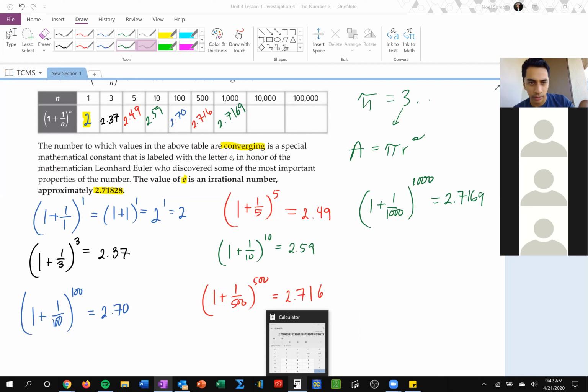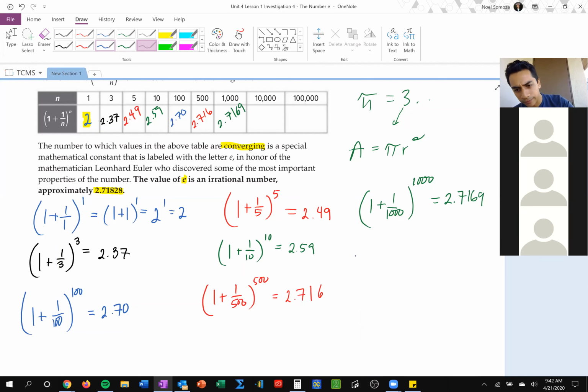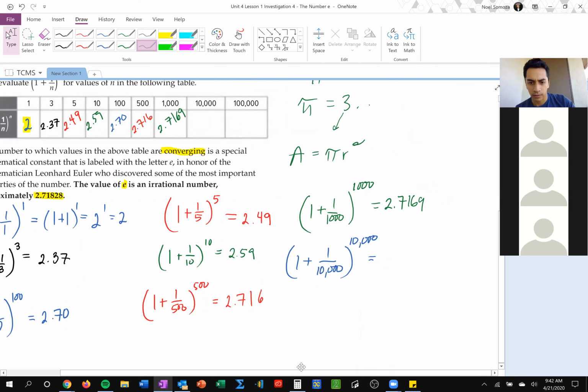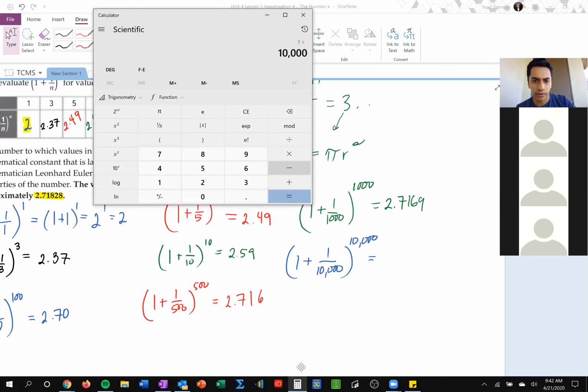So now when we try 10,000, let's see if that gets us any closer. So 1 over 10,000 plus 1 to the 10,000th power.